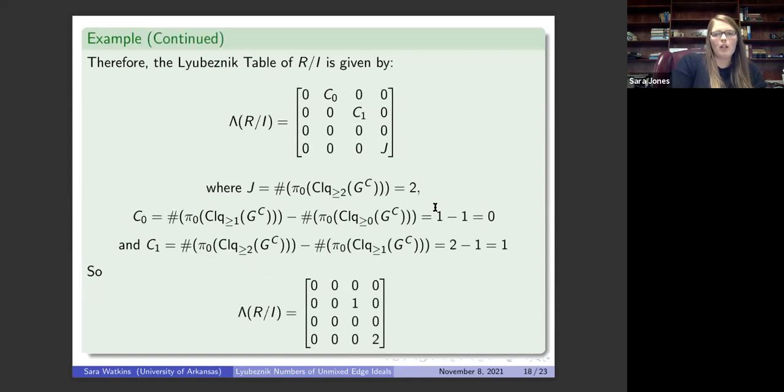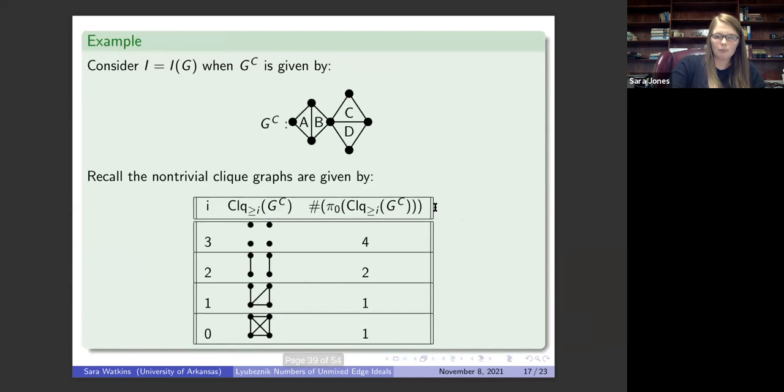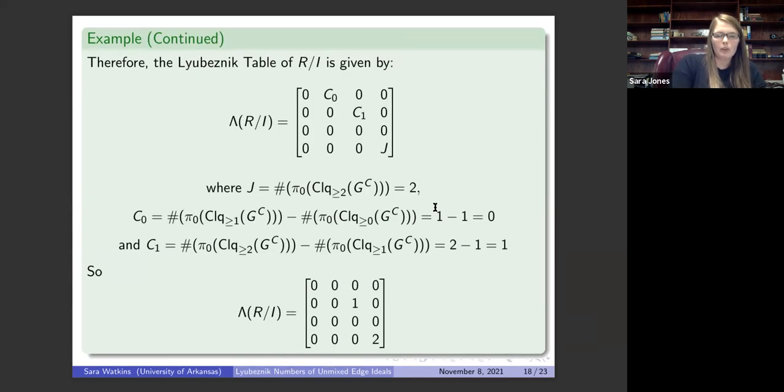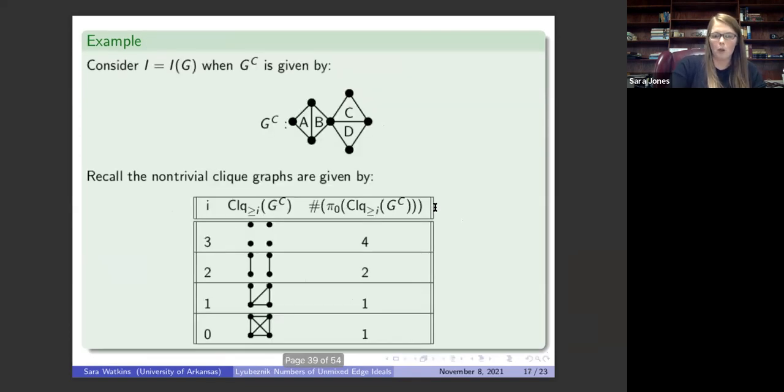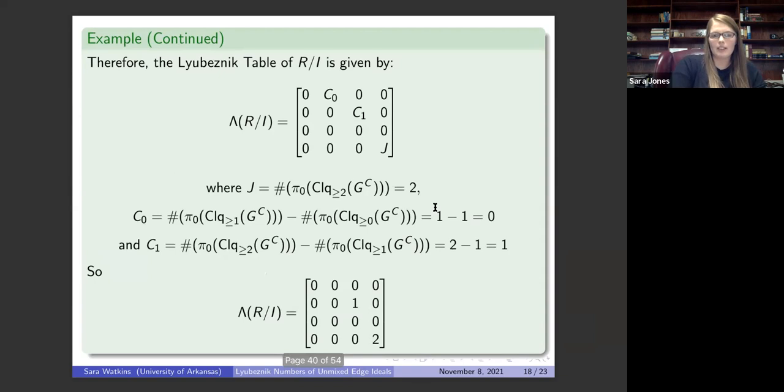So by the theorem, we know the Lubeznik table of R mod I is given by this matrix where we have non-trivial numbers C0, C1, and J, where J, according to the theorem, is the number of connected components in the 2 click graph, which we just saw in the table was 2. And then C0 is the number of connected components in the 1 click graph minus the number of connected components in the 0 click graph. Both of those were 1, that we saw in the table. That gives us 0.